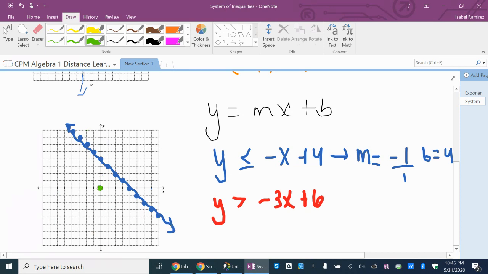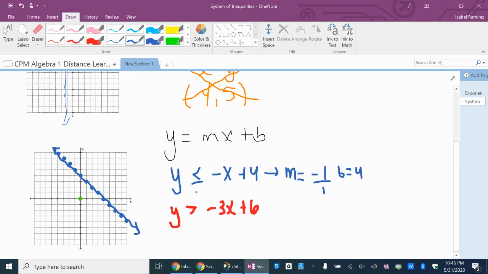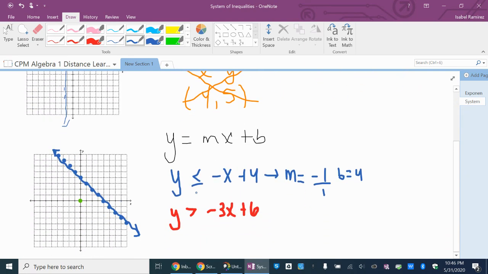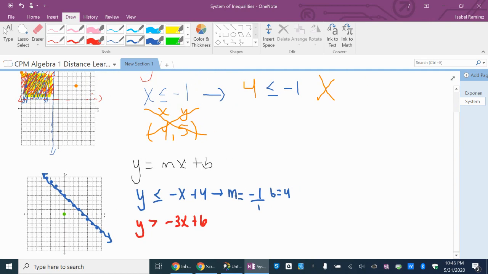And if it doesn't, then that means we don't shade towards the origin, so we shade the opposite direction. So I like to test out points. I think there's going to be some other YouTube videos that are going to explain all these shortcuts, but they don't always work, especially when they're not in slope-intercept form. So I am going to say that we should test the origin.